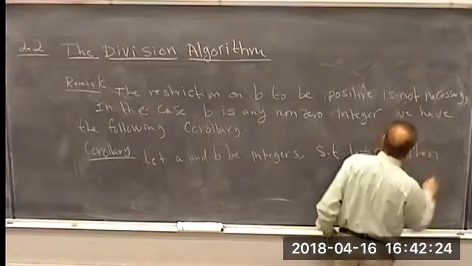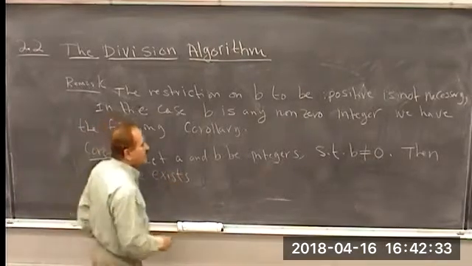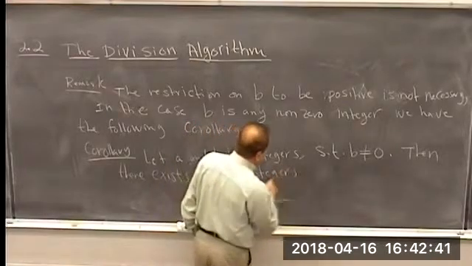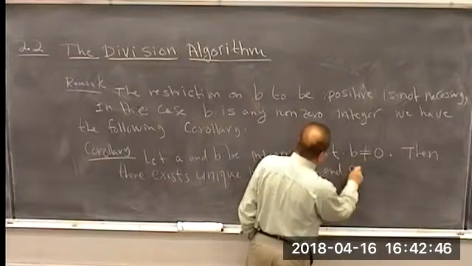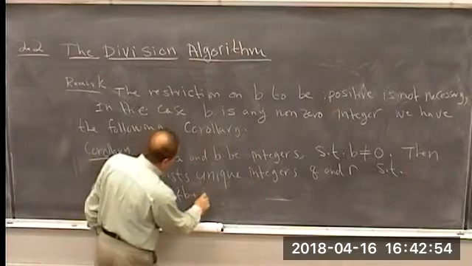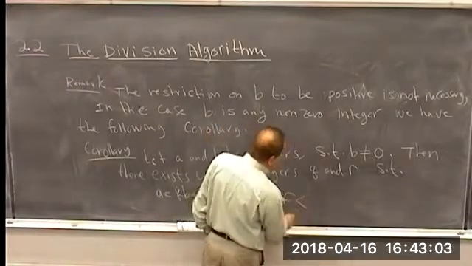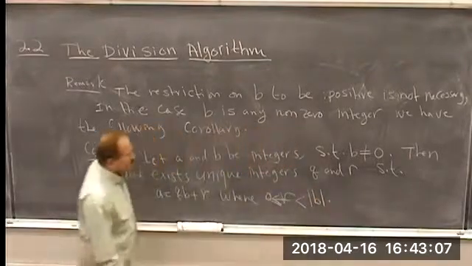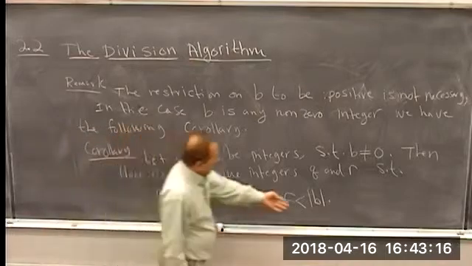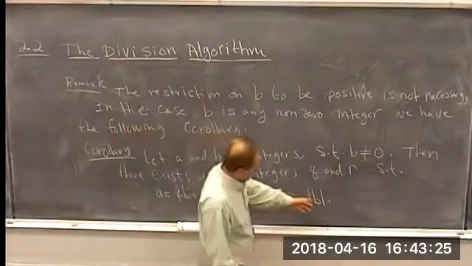Then there exist unique integers Q and R such that A is equal to QB plus R, where R is bigger than or equal to 0, but less than the absolute value of B. So we're going to replace B by the absolute value of B. Of course, for the case when B is positive, we end up with the division algorithm itself, but when B is negative, then we need the remainder to be positive.